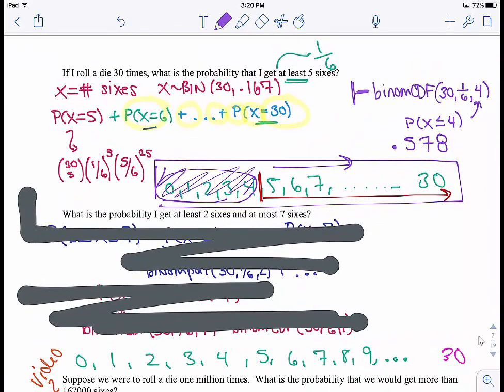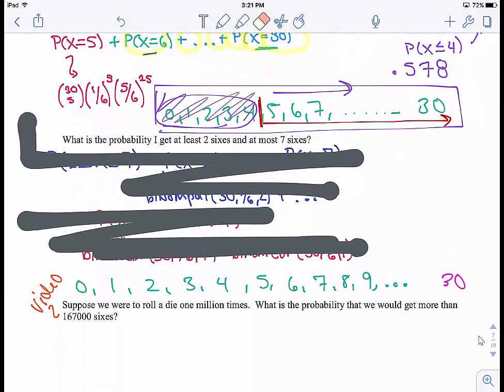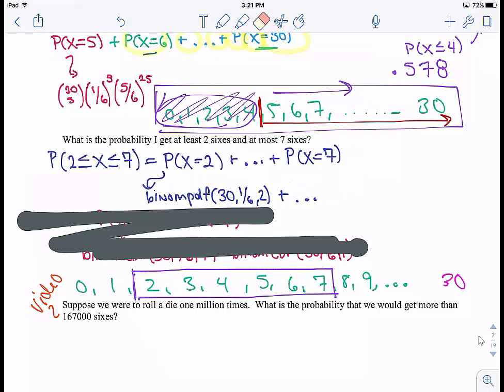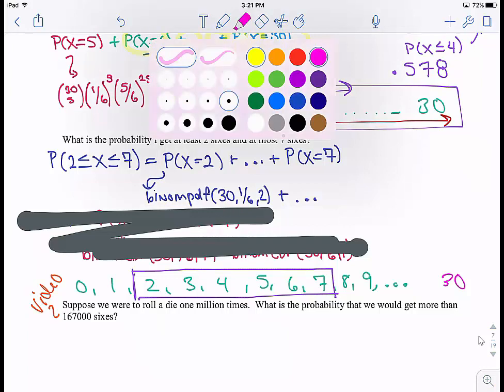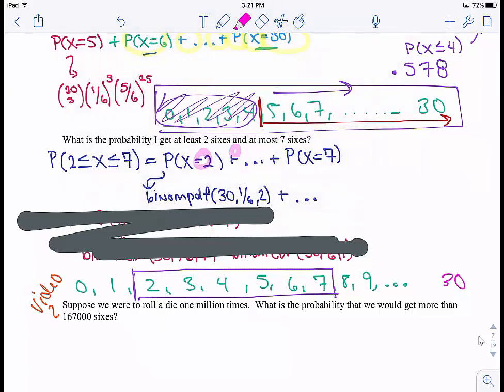All right, last question before the other video. What is the probability I get at least 2 6s and at most 7 6s? So again, we're saying at least 2 and at most 7. So we want this middle amount. And remembering the calculator only goes to the left. So with this, it wouldn't be too bad. We could add up every single one from 2, 3, 4, 5, 6, and 7.